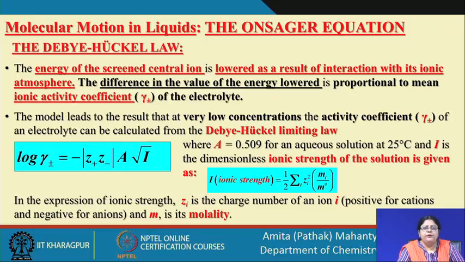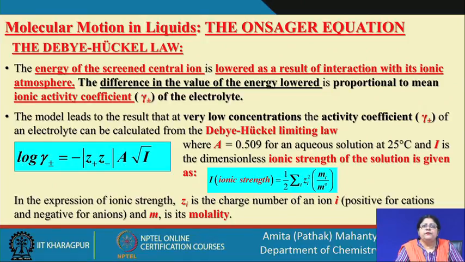It is something very beautiful that, based on physically viewing this as a central ion being screened by the ionic atmosphere, we come up with a beautiful equation which is more or less valid with whatever we see in experimental results.